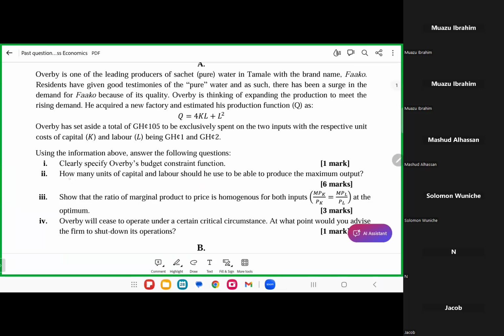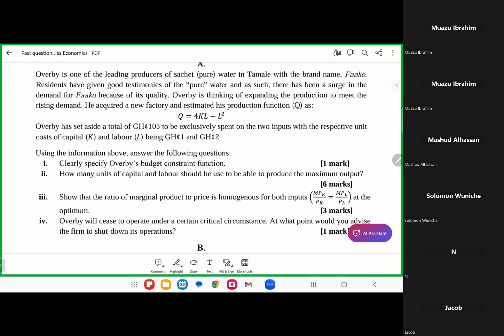The second one is saying how many units of capital and labor should he use to be able to produce the maximum output? Which means that, given his budget constraint, we need to find the units of capital Overby should employ and the number of labor they should also employ to be able to maximize this production function that we have above.